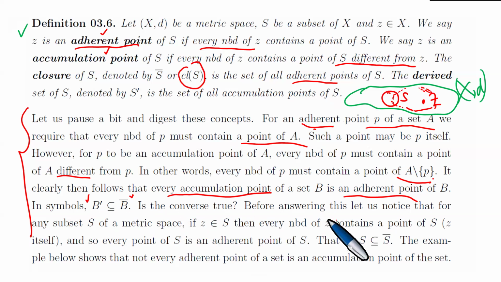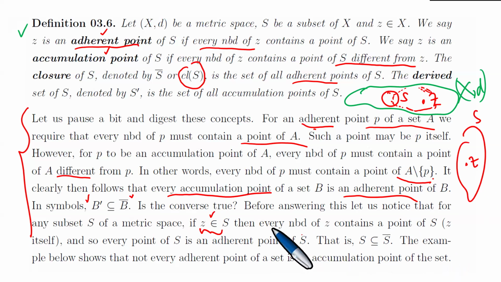Is the converse true? Before answering this, let us note that for any subset S of a metric space, if we take Z to be an element of S, then every neighborhood of Z contains a point of S. Yes, because Z is in S, so you're taking S and a point Z inside it.